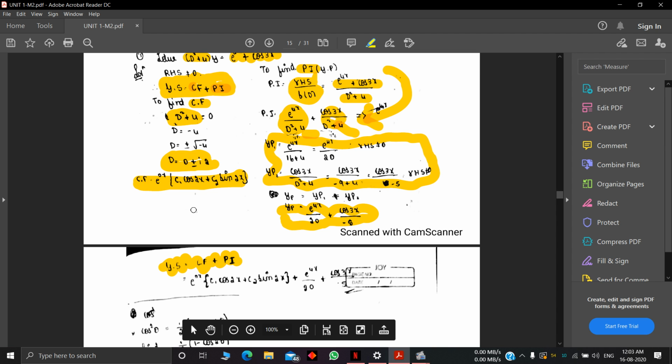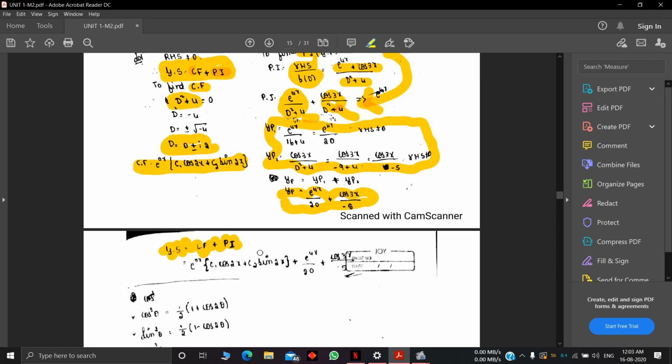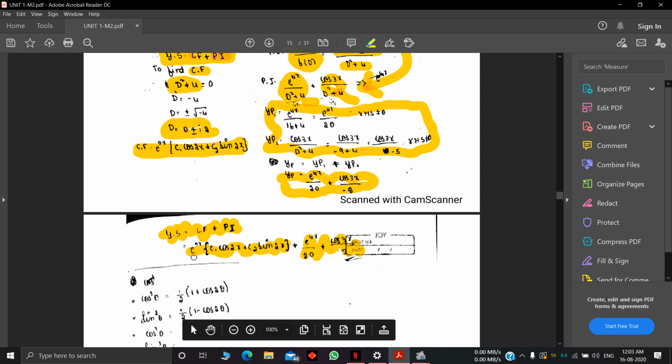Just finding CF and PI separately doesn't do the job, right? We have to combine them to find the final answer. So this is the CF part and this is the PI. We are just adding them to find the final answer.